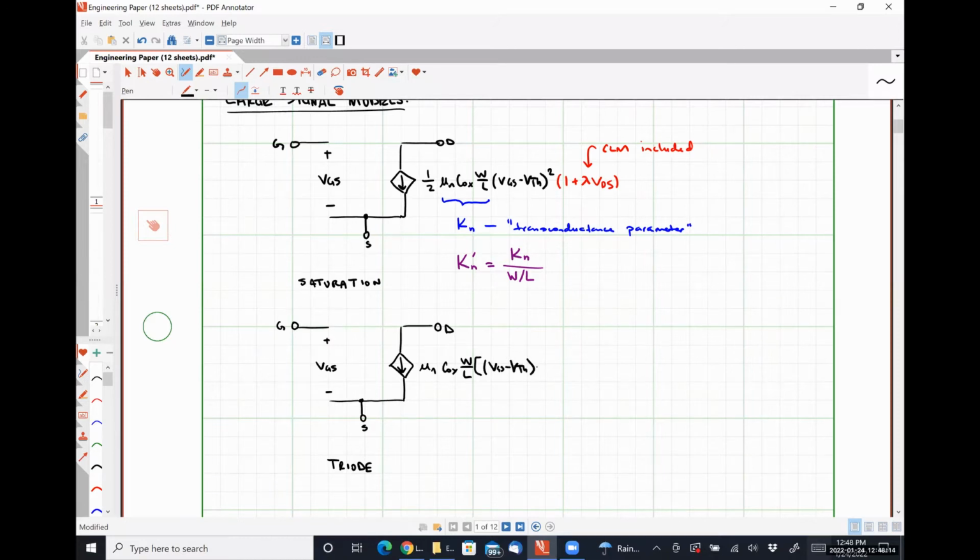That current is mu n Cox W over L, VGS minus VTH, VDS minus 1/2 VDS squared, or Kn, VGS minus VTH, VDS minus 1/2 VDS squared, and VDS is just the voltage drop between the drain and the source here in both cases.